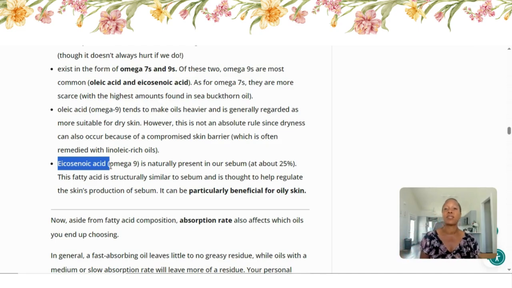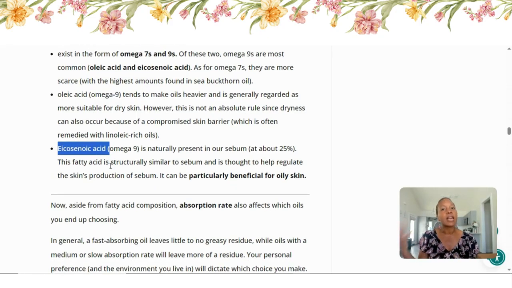If I was going to, for some reason, use something like castor oil, for example, I would use that in the evening if I wanted to give my skin some sort of special treatment. So you do want to still keep in mind the absorption rate and the heaviness of these oils. And typically, the heavier the oil, the slower it absorbs. For the most part, that rule is pretty reliable. You will hardly find an oil that's lightweight that is very, very slow to absorb.